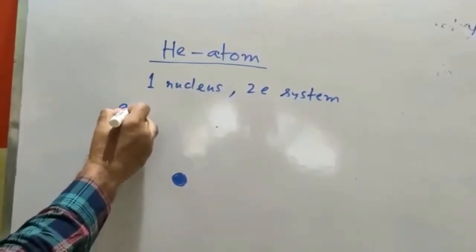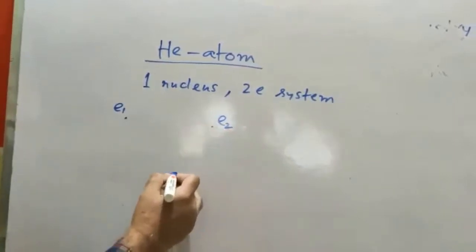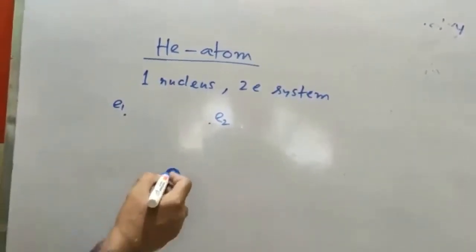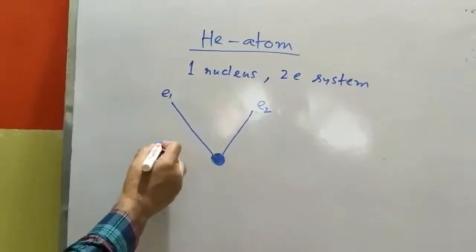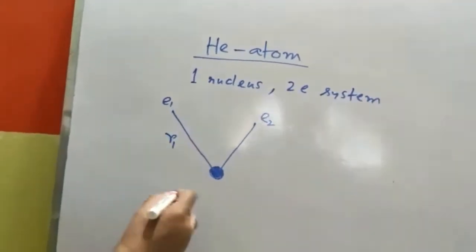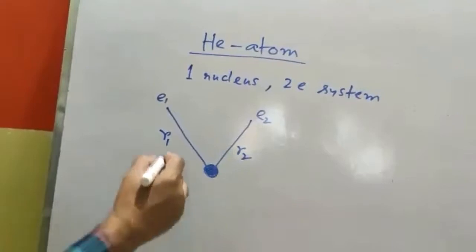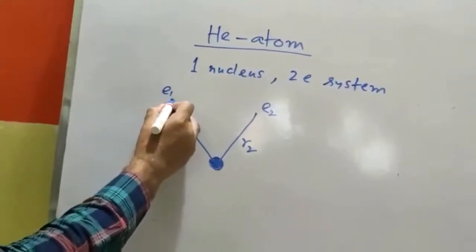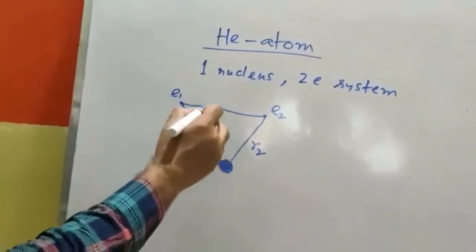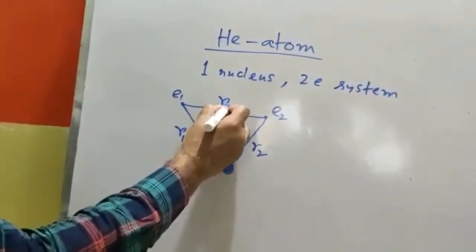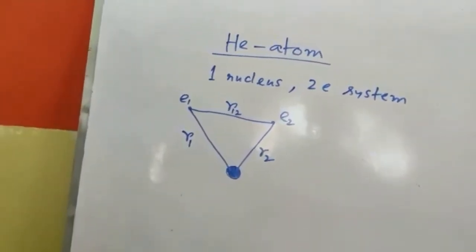This is electron 1, this is electron 2, this is r1 from the nucleus, this is r2 from the nucleus, and the inter-electronic distance, let it be r12.